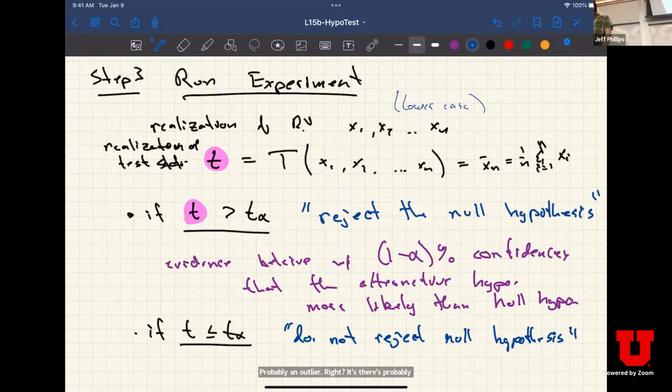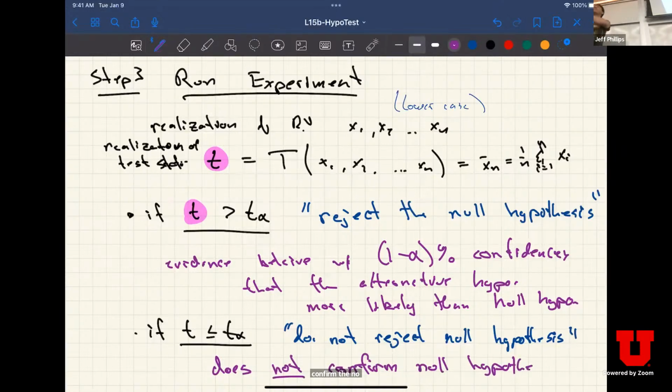So again, this does not confirm the null hypothesis, right?